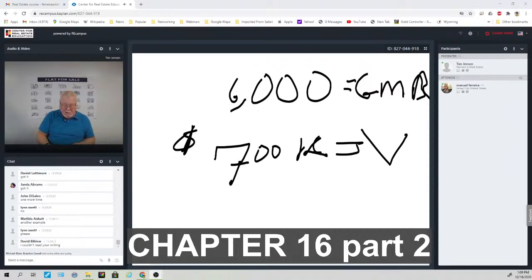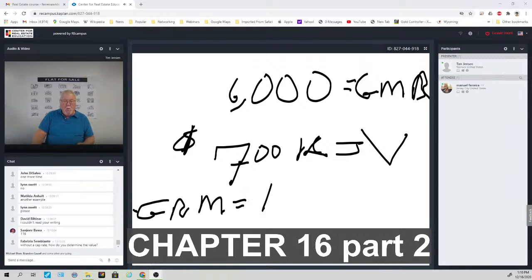So let's do our calculations. 700,000 divided by 6,000. Now I have a gross rent multiplier, GRM, of 116.67 for all intents and purposes.